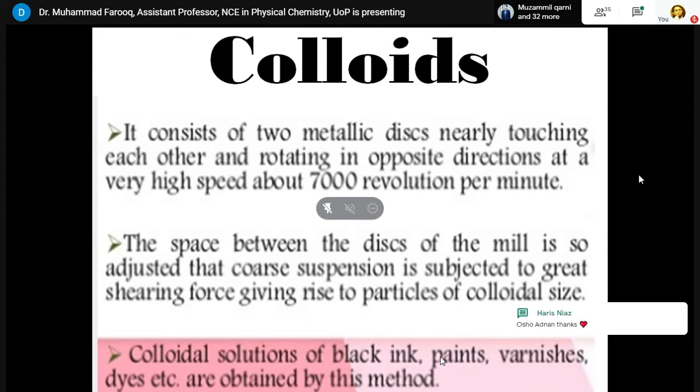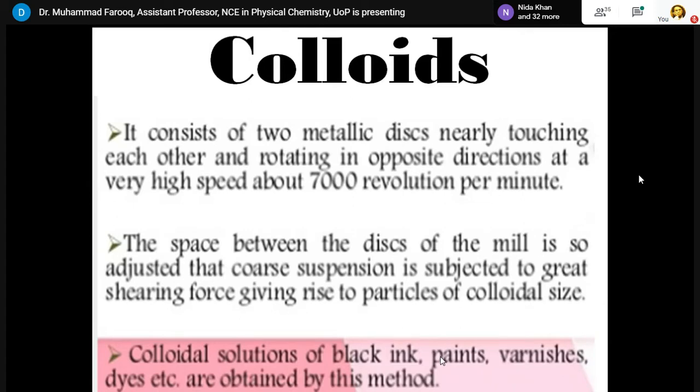Just like you can see, there are two discs made of stone in the flour mill. If you look inside a flour mill, there are two wheels, and they are made of stone. They are touching each other, so when we put seeds in, they are crushed. In the same way, the colloidal mill consists of two metallic discs nearly touching each other and rotating in opposite directions at a very high speed, about 7,000 rpm.